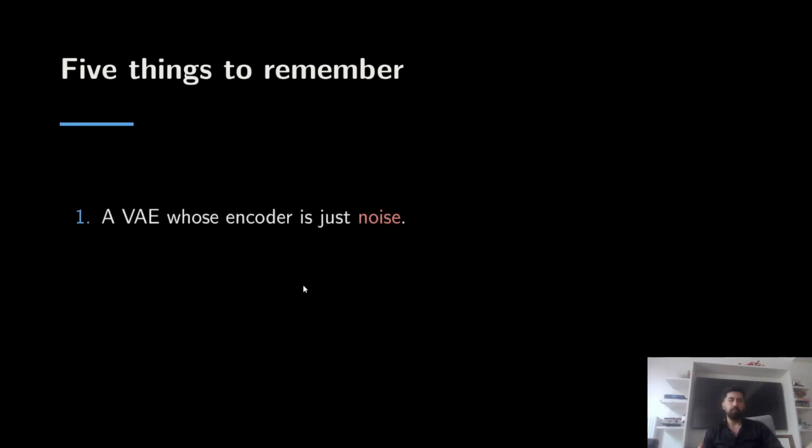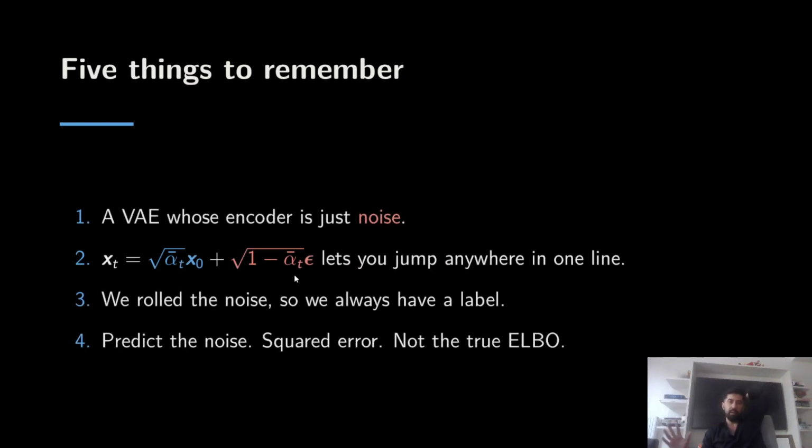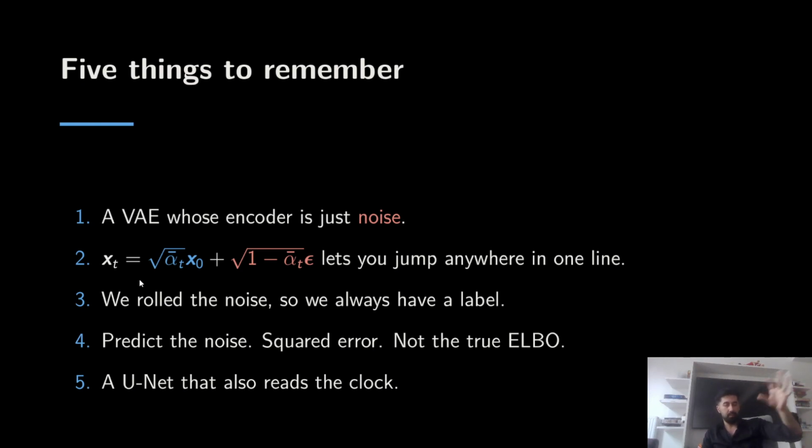And if you want to summarize, so now let's say we're in an interview and someone asks you to explain diffusion to him in simple words. It's basically a variational autoencoder. The encoder is just noise. At every step, the next image is the initial image multiplied by radical alpha bar plus noise, which is scaled by radical 1 minus alpha bar.